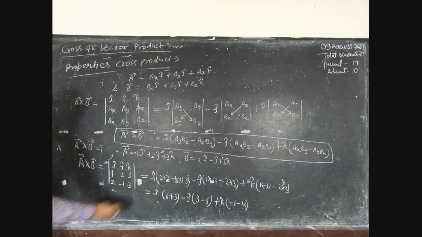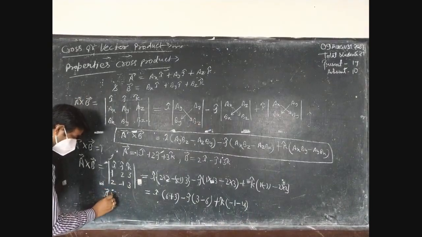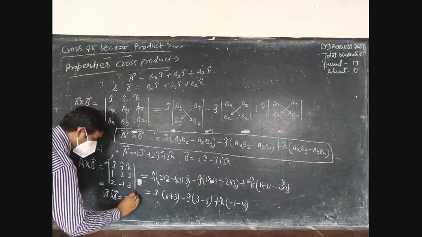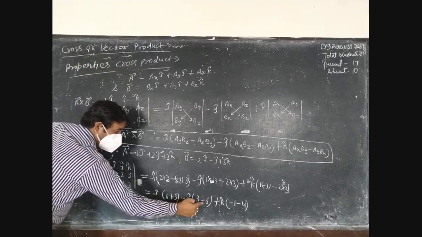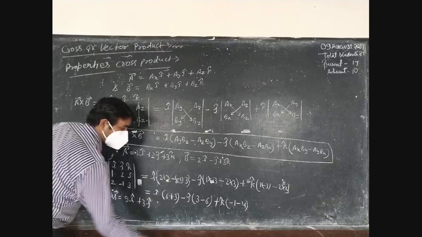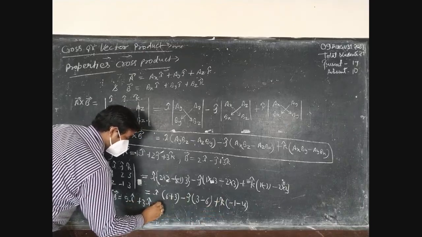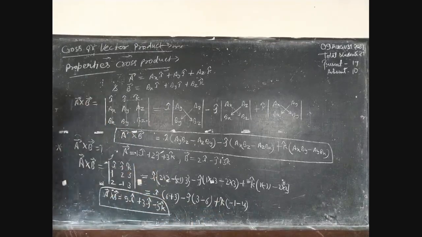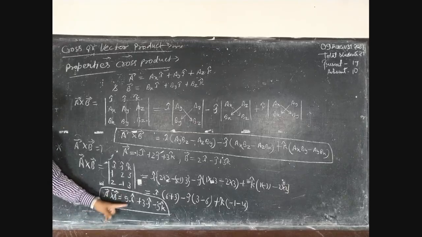This finally is A cross B equal to 9 I cap minus 3 plus 3 j cap and minus 5 k cap. This is the product of the two vectors, and you find each has its unit vector I, j and k. That means this product has magnitude as well as direction.